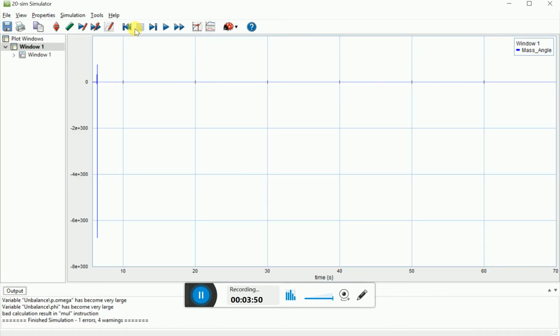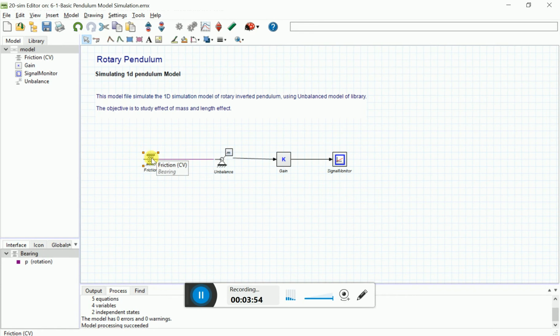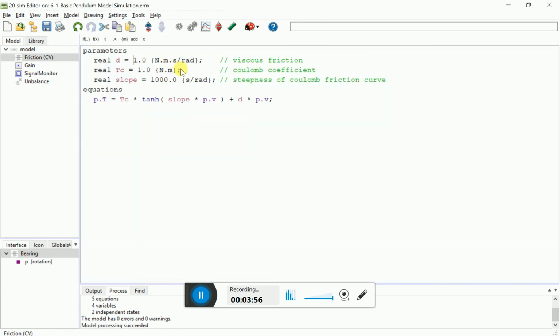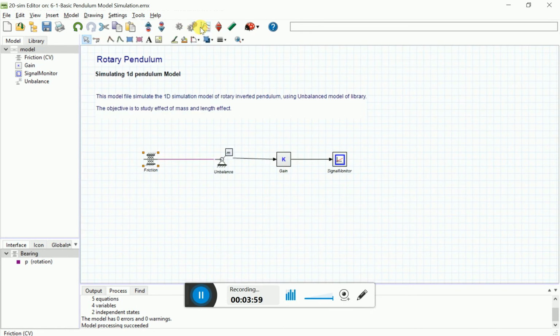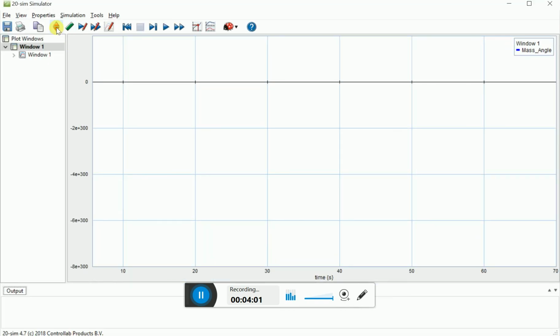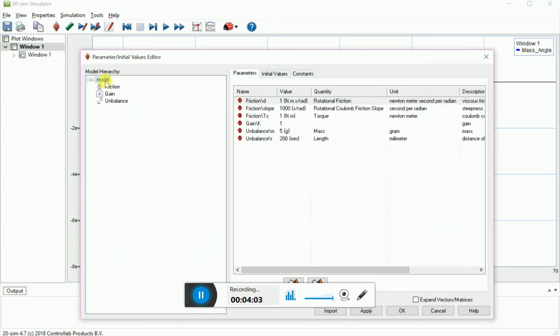Okay, the slope value is very high. The initial value of the friction model is very high, so we have to reduce this. So either we can change here, or before starting simulation, I can open the parameter block.